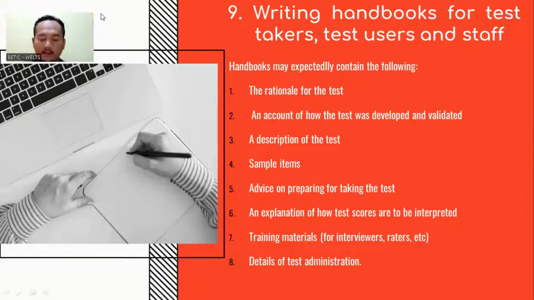Test users are people who will use your task for any purposes they want, such as companies who want to use the test for selecting their new employees, or for promoting their current employees, or for entering schools, for example. So they are called test users.